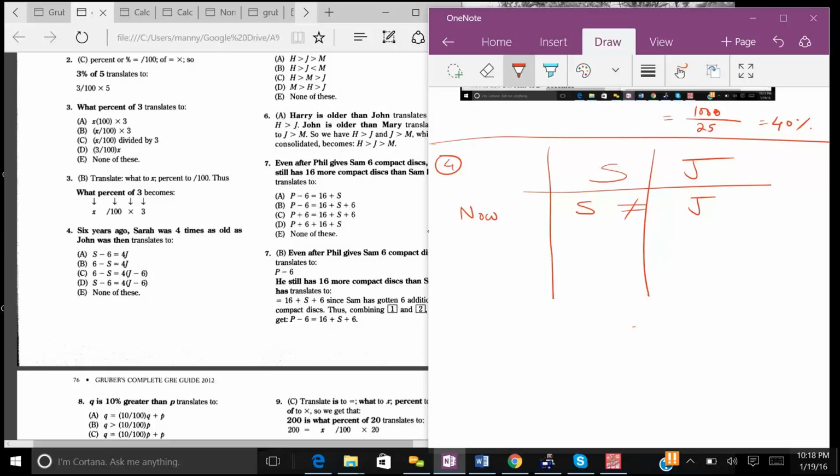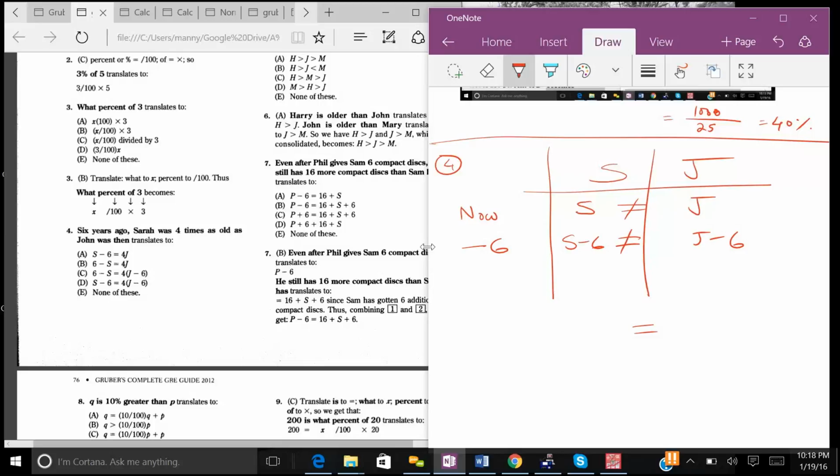Your goal is to make it equal. At this point, in the beginning, Sarah is not equal to John. So you need to go back 6 years. It says 6 years ago. So Sarah was 6 years younger, John was 6 years younger, and they were not equal then either.